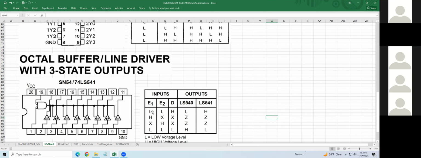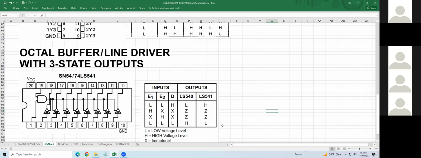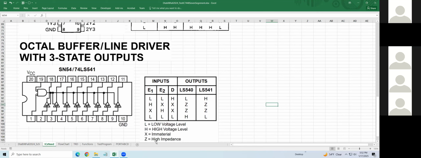You're looking at the truth table here. E1, E2 low, D high, output high. If E1 is high, another don't care, the output will be high impedance.